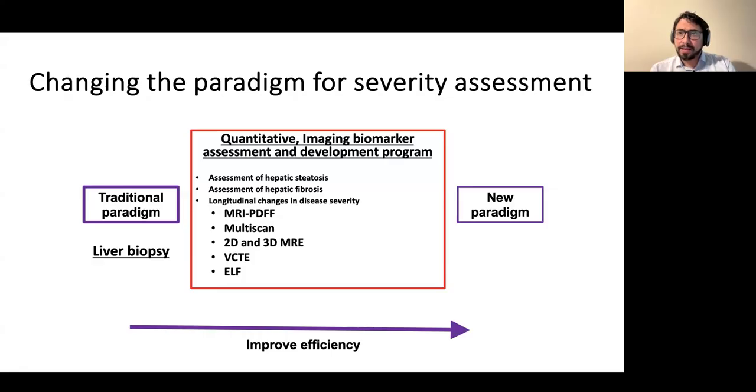And probably the rationale of use of these techniques can be very helpful to categorize the risk in this population.